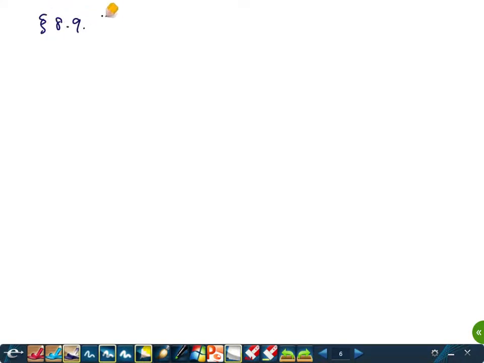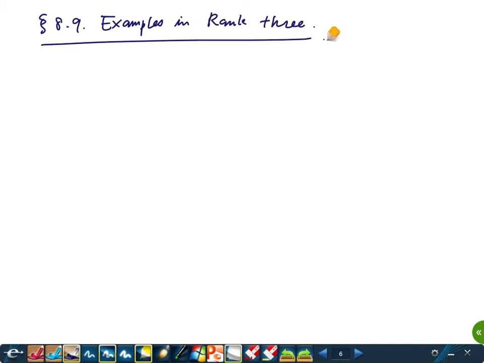8.9, examples in rank 3. Recall that for rank 2, we classified all root systems. For rank 1, just A1, dimension 1, only one root system.